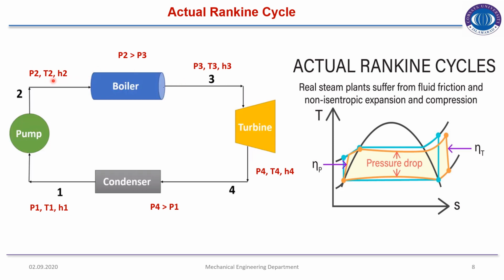So the pressure P2 is greater than P3, whereas if you look at the ideal Rankine cycle schematic diagram, I wrote that P2 is equal to P3. But in the actual cycle there will be a pressure drop in the boiler and the pressure will be reduced.